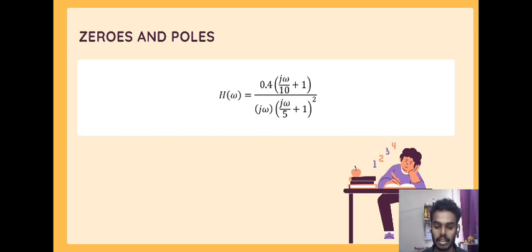And in the denominator, there is the pole at the origin where omega equals 0, which contributes a negative 20 dB per decade slope. Additionally, the term (j omega over 5 plus 1) to the power of 2 indicates two repeated poles at omega equals 5, resulting in a combined slope of negative 40 dB per decade starting from that frequency.